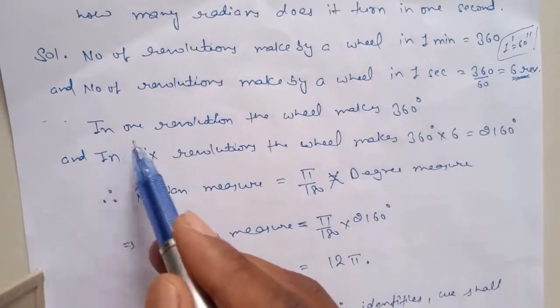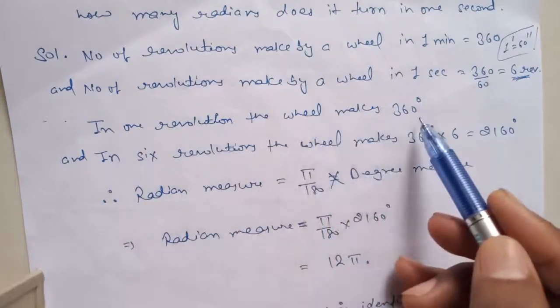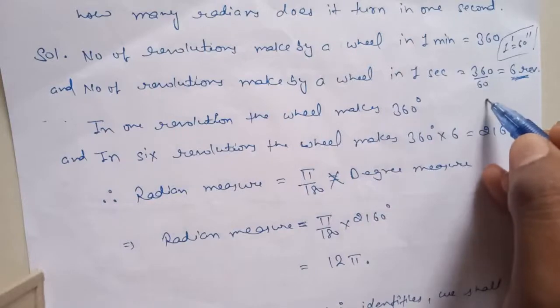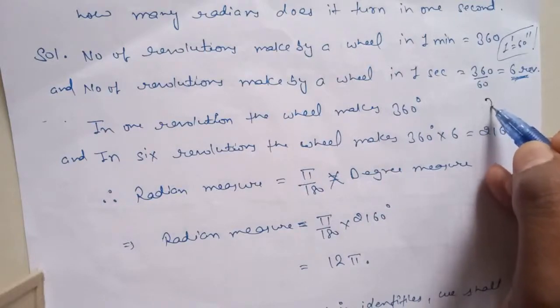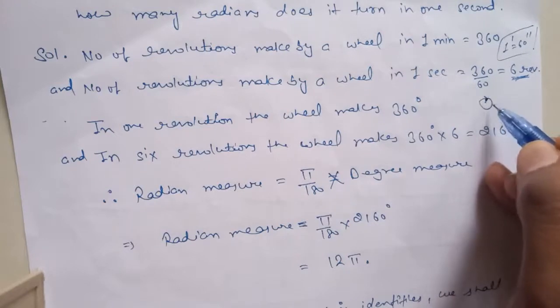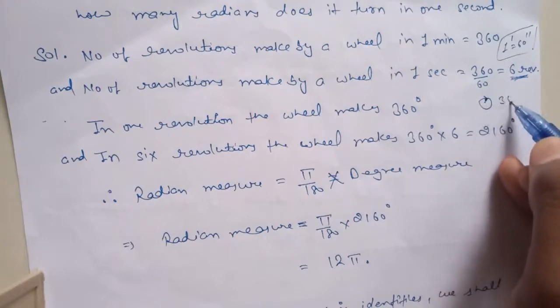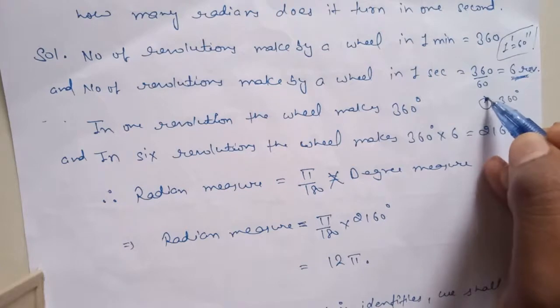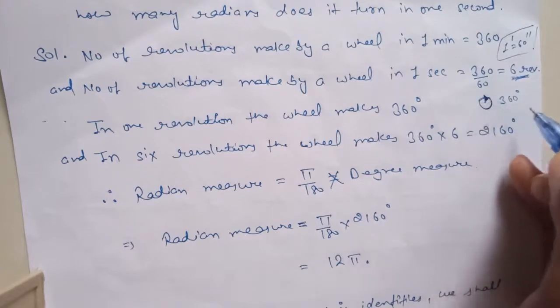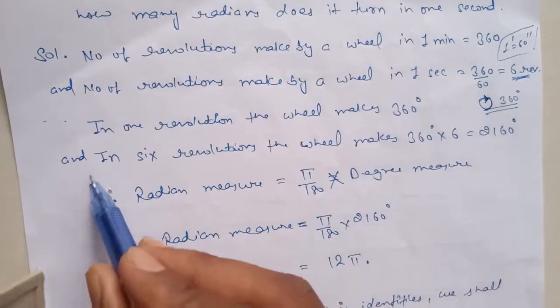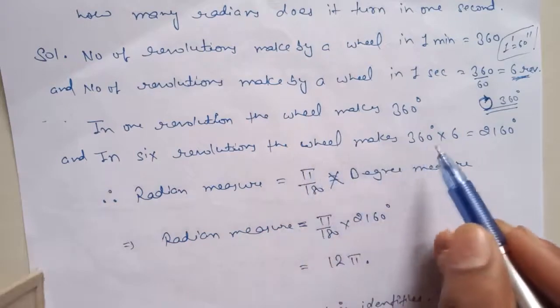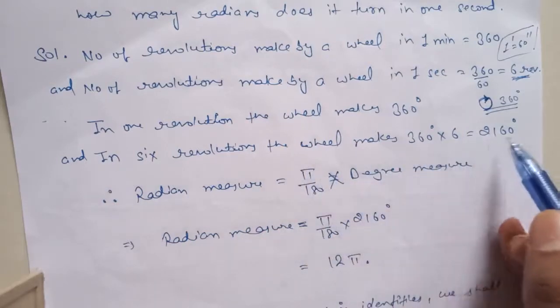And in 1 revolution the wheel makes 360 degree, because if a wheel completes 1 revolution, it will make 360 degree. And in 6 revolutions the wheel makes 360 into 6, that is 2160 degree.